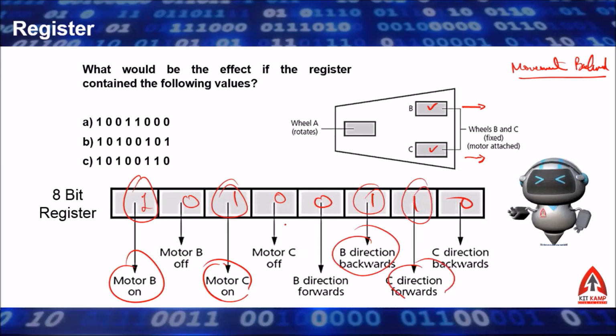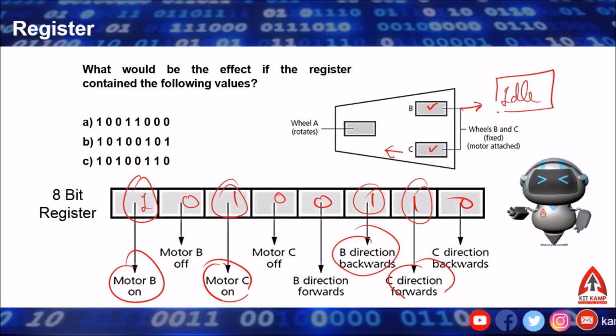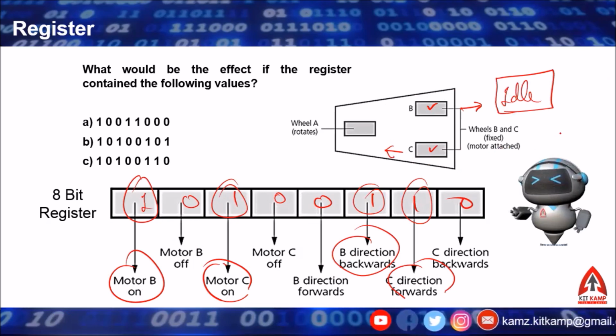So if these bits are on, that means my motor B is on, C is also on, my B motor is backward and my C is forward. So this is forward and this is backward. So equal forces on both motors, so my device will be in idle mode. There's no movement in my vacuum.